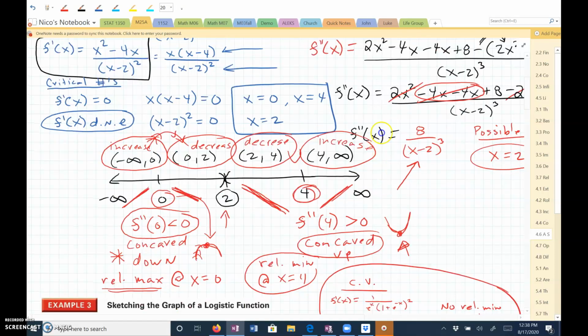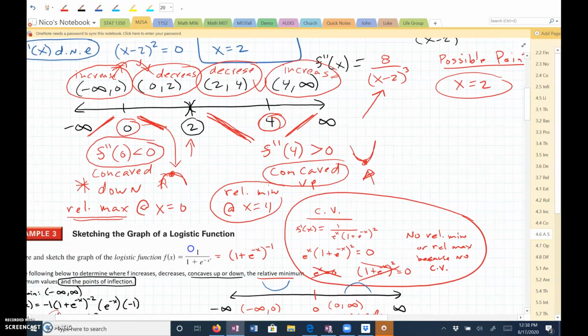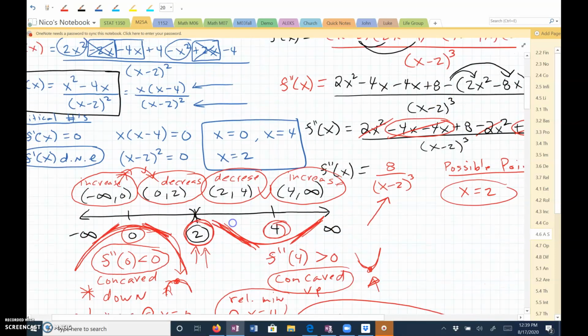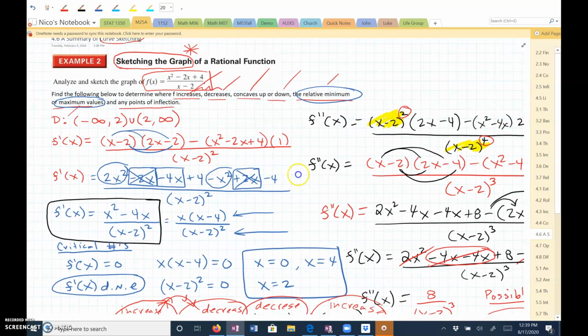We can't have a point of inflection here because the point doesn't exist, and that's where concavity changes, right? It's concave down, then it's concave up, so the only possible point of inflection would have been here, but since this point doesn't exist, you don't have concavity there. So we've answered all of these.